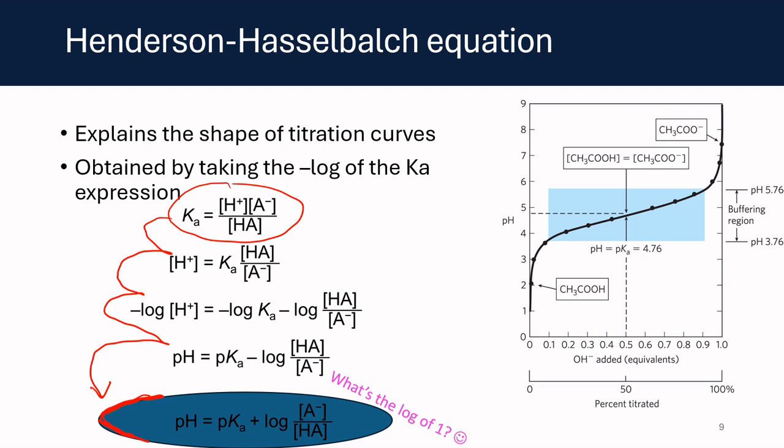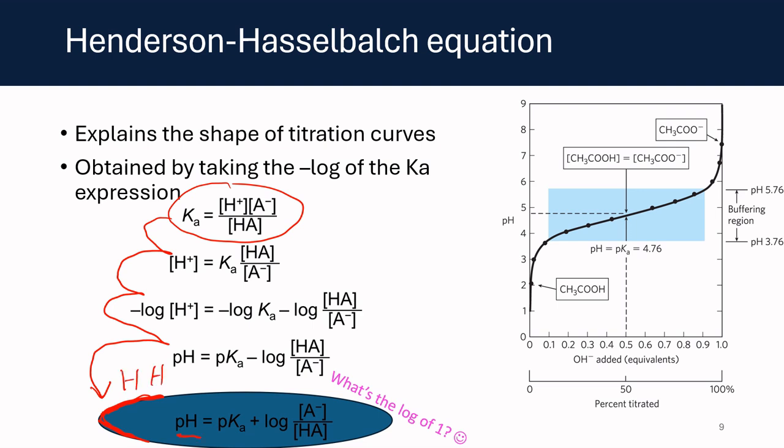I'll remind you that I do not test people on mathematical derivations in this course. I just outlined the steps here for funsies, basically. What I do want you to know is how the Henderson-Hasselbalch equation works.